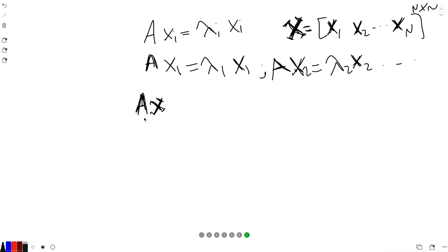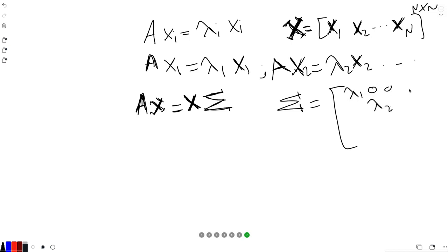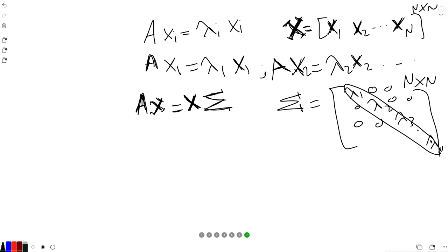Actually, this is the same as X multiplied by another matrix Z, and this Z matrix is nothing but the diagonal matrix with the eigenvalues: lambda 1, lambda 2, lambda 3 up to lambda n, with the other entries zeros. So it is an n by n matrix, but the diagonal is the eigenvalues of the matrix A.